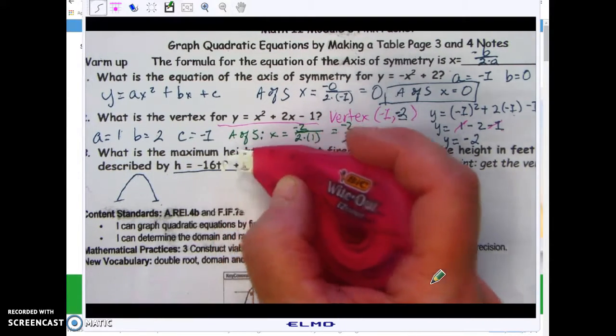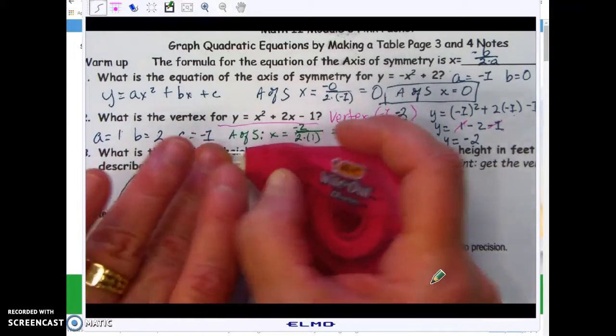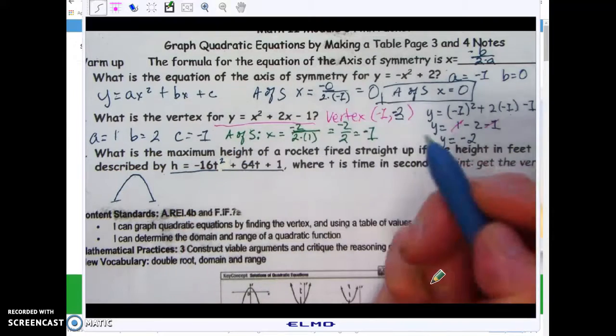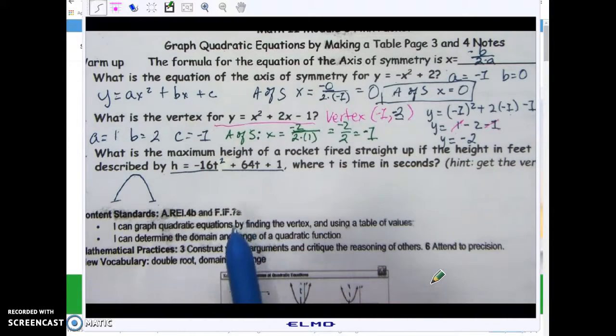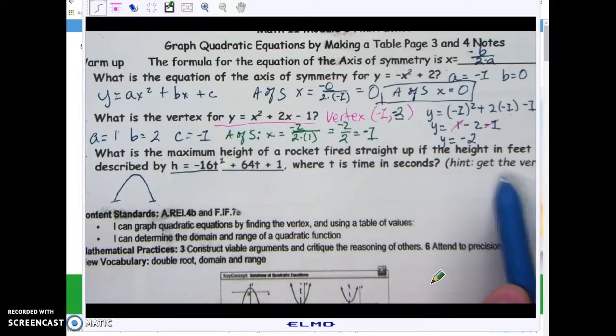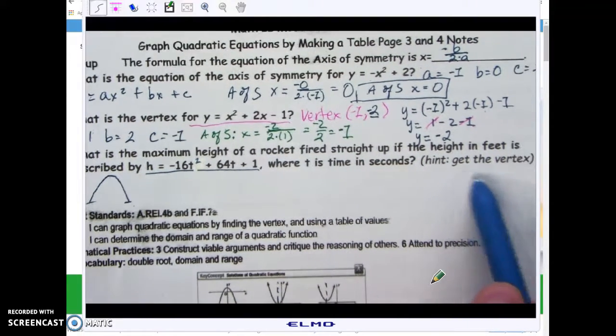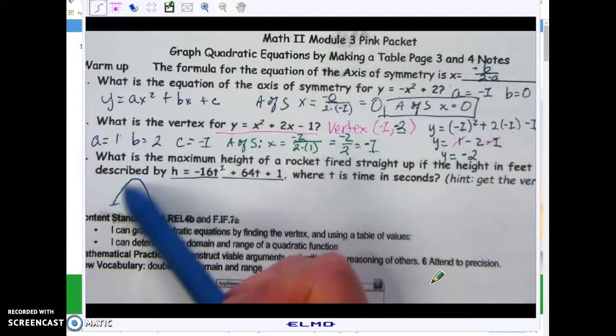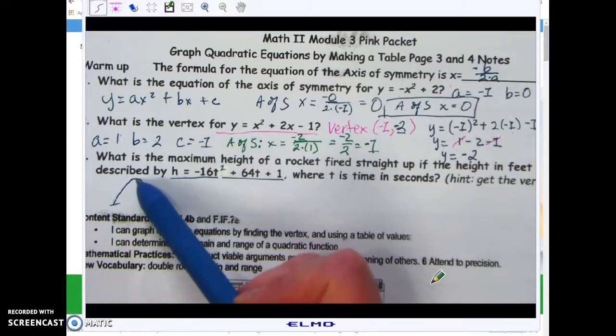Bit of a typo there that I did not notice. And we're going to make that squared. So our height equals negative 16 t squared plus 64t plus 1. All right, so again, the hint, get the vertex. So that maximum height means it's coming up, it's reaching a certain height, and then it's going back down. What is that? The vertex.